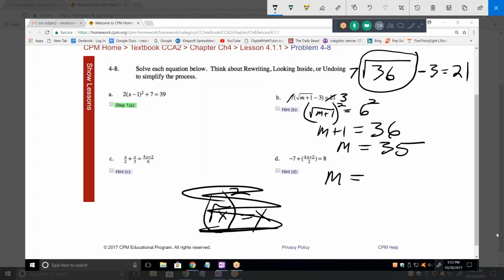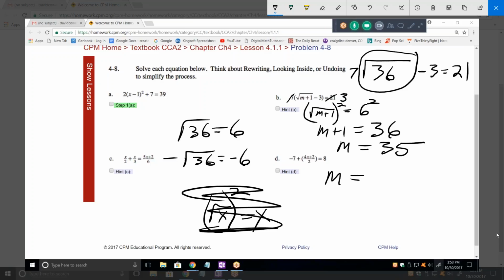When I write square root of 36, that's 6. If I want the negative, I write it like this. That is minus 6. Okay? So, that works. 7 times 6 is 42. Minus 3 is 39.